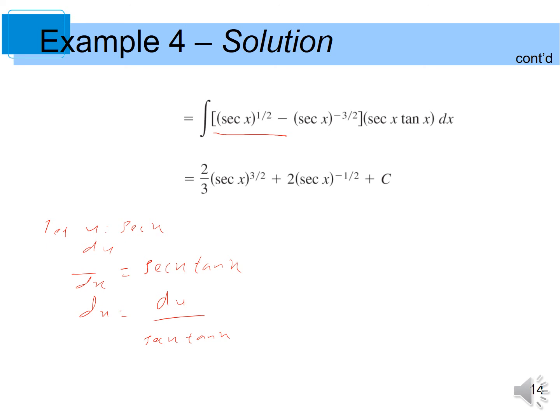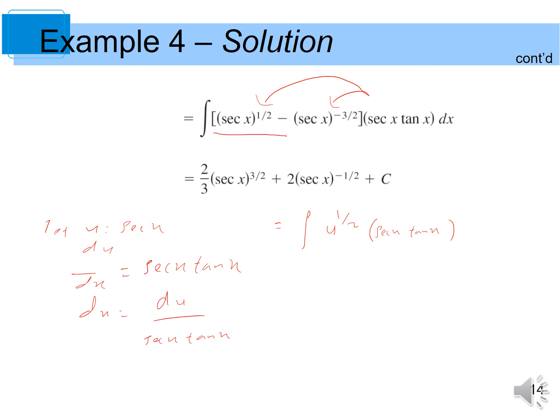We have to integrate the u power to the half and secant x tangent x, because this factor should expand into the first term and also the second term.